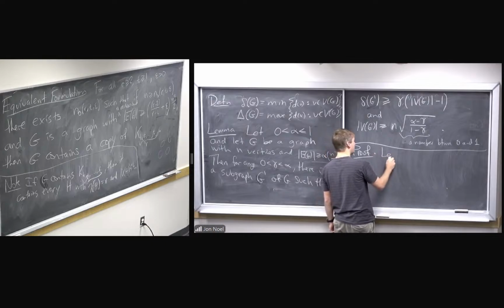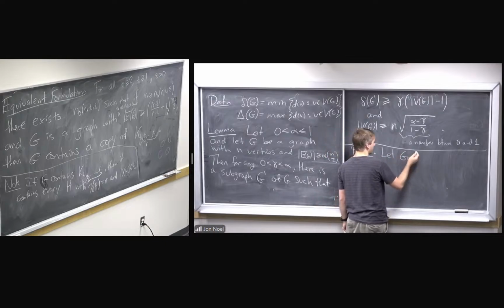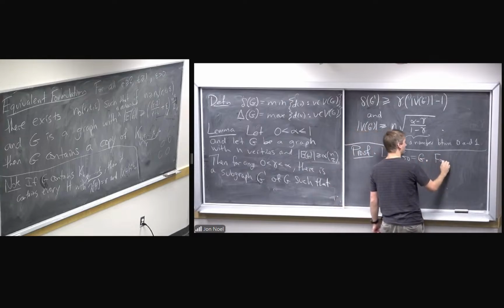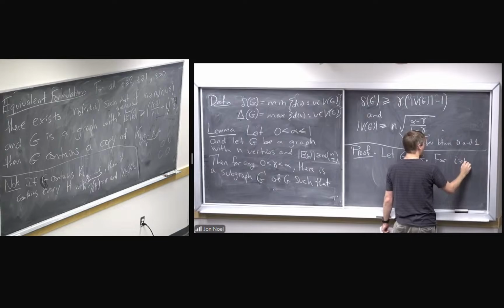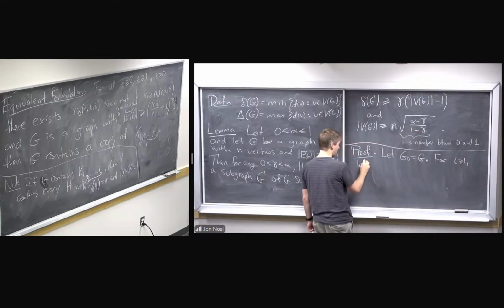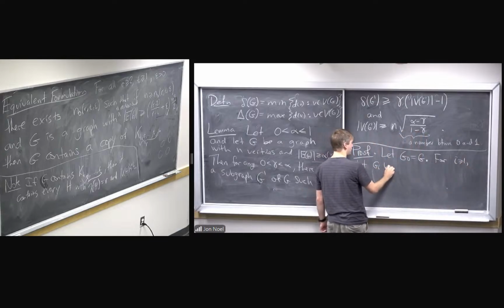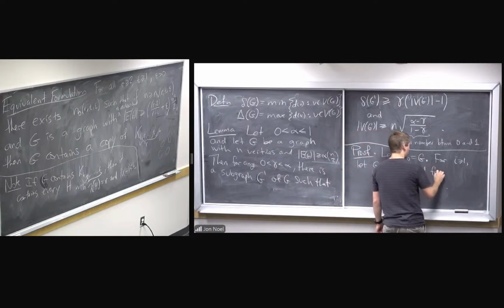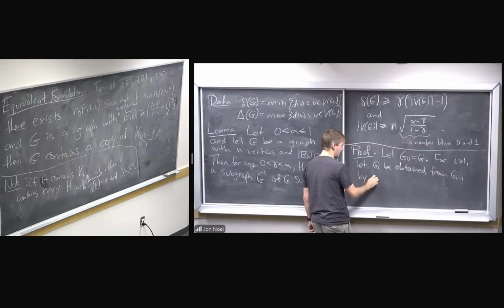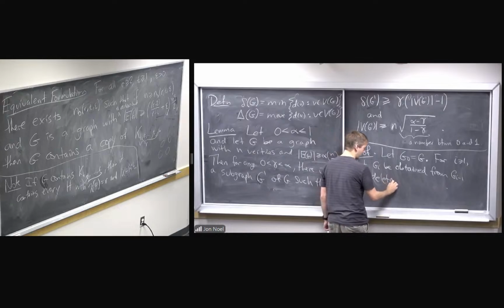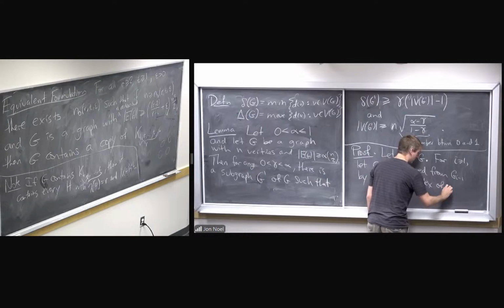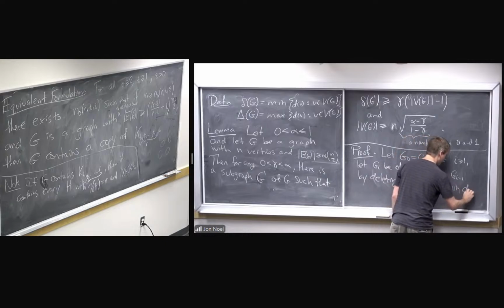So I'm going to let G0 be G, and for i at least 1, let Gi be obtained from Gi minus 1 by deleting a vertex of minimum degree.